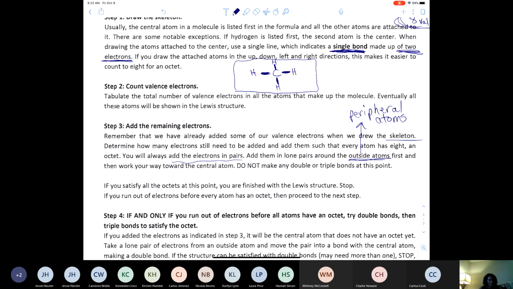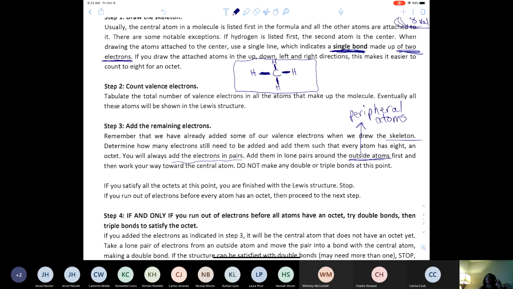So you'll add these remaining electrons around these outside atoms in pairs of 2, so that these outside atoms not only have the 2 electrons in the single bond that connects them to the central atom, but they'll also have 3 sets of lone pairs of electrons.